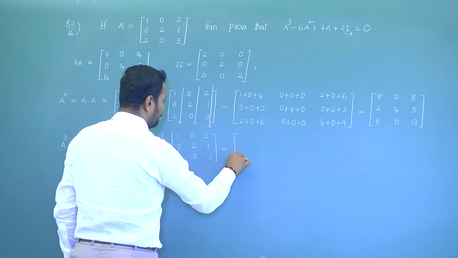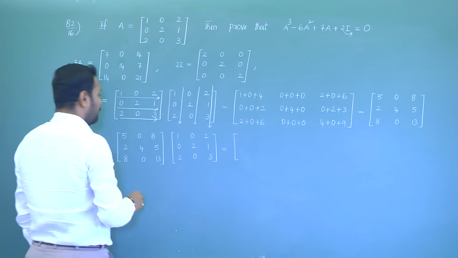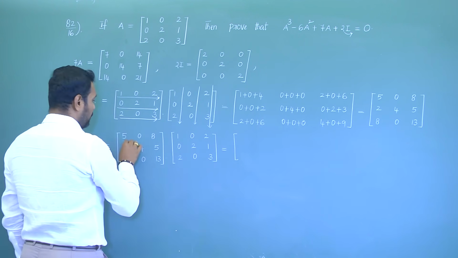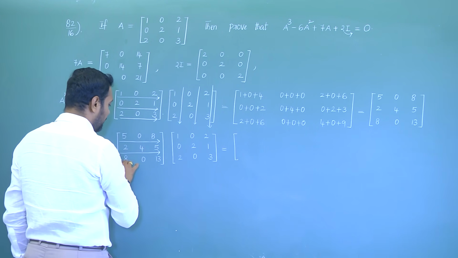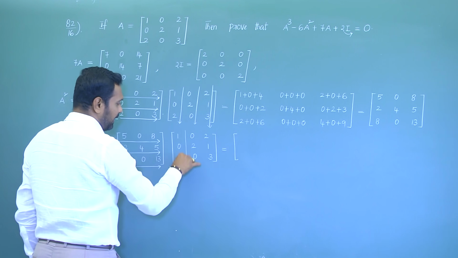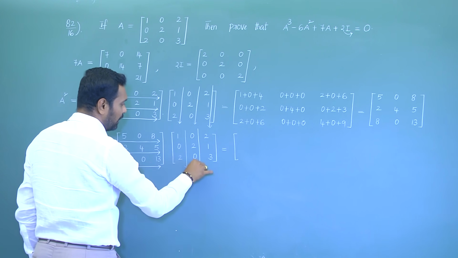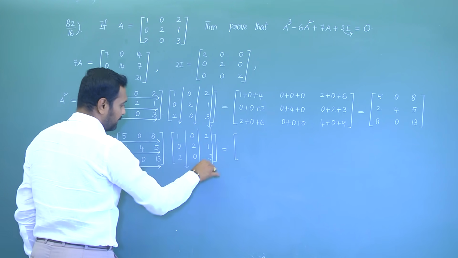While multiplying, you know the method: for the first matrix draw horizontal lines, for the second matrix draw vertical lines.